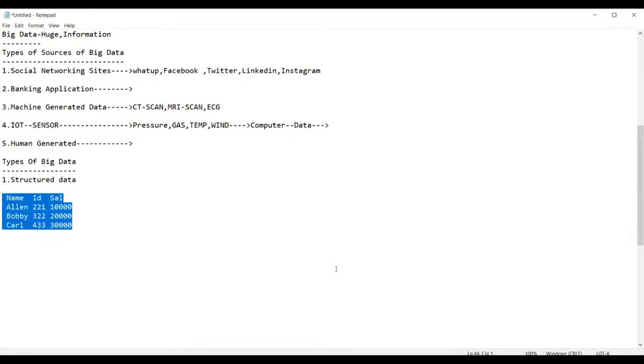Can you see here, guys? This is the data. In which format is this data? It is in the proper format of rows and columns or not? These are the rows and these are the columns. Am I right, guys?